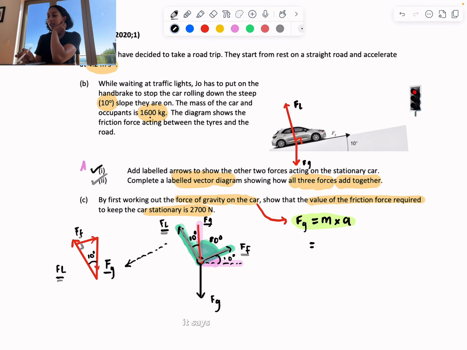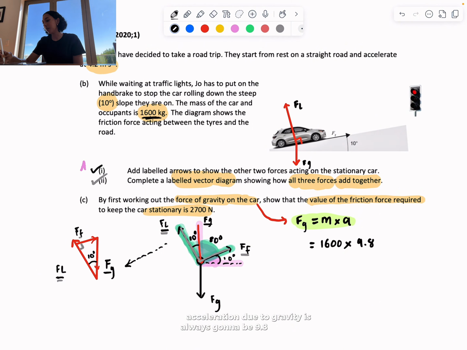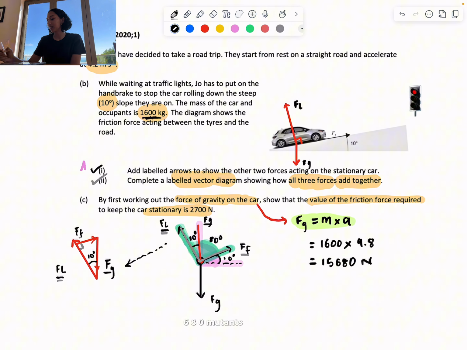In the question it says that the mass of the car and the occupants is 1600 kgs. So we could plug that into our mass value over here. Acceleration due to gravity is always going to be 9.8 meters per second squared. And if I plug that into my calculator, what we should get is 15680 newtons, okay? And that is the force of gravity.